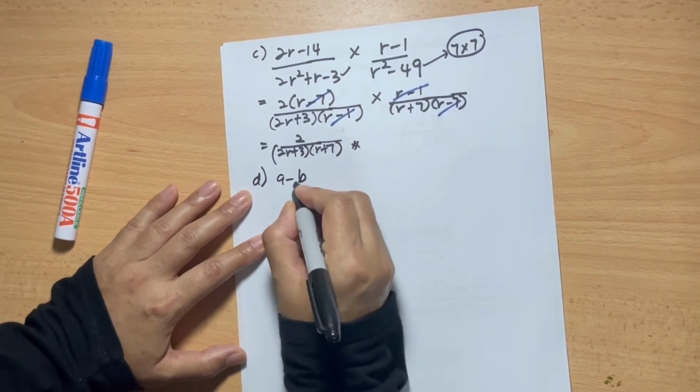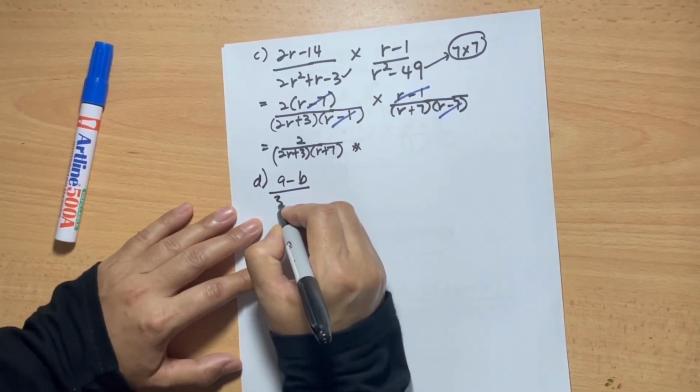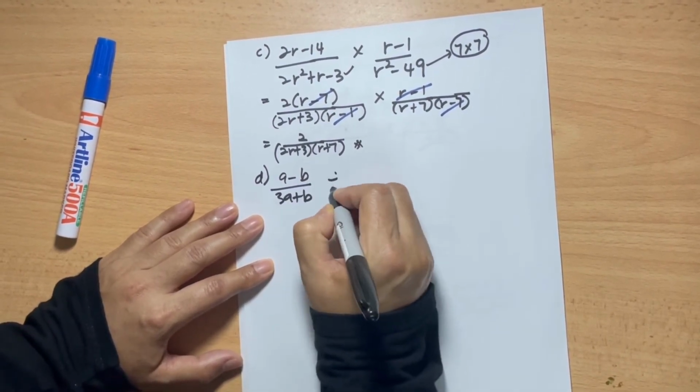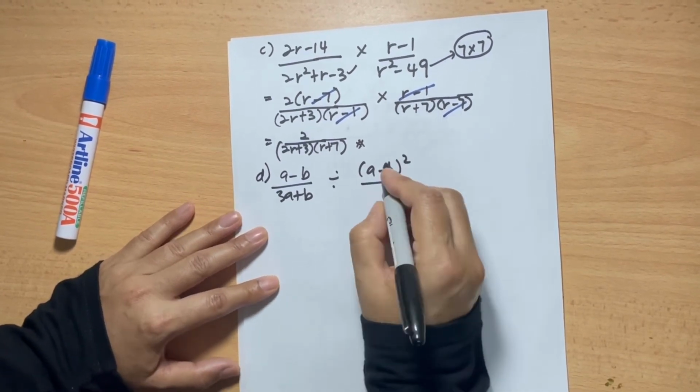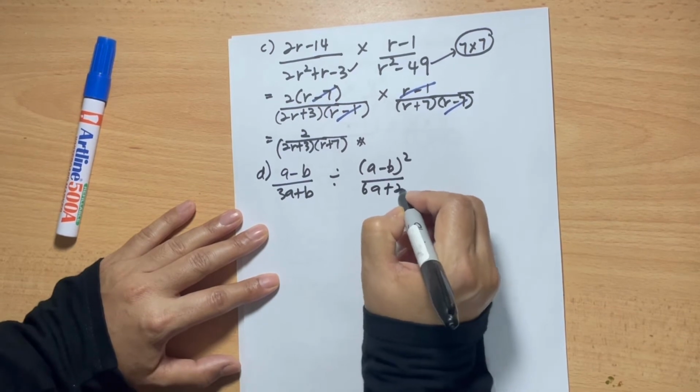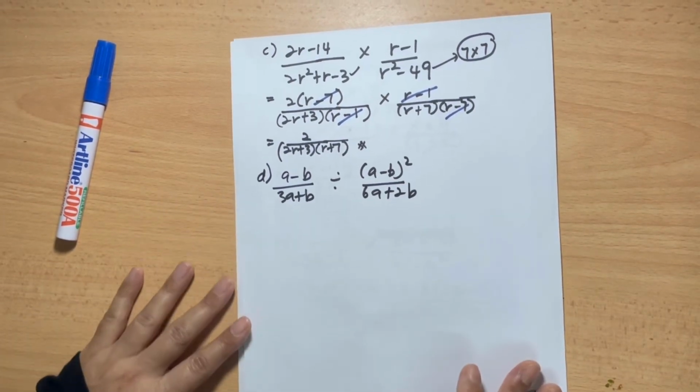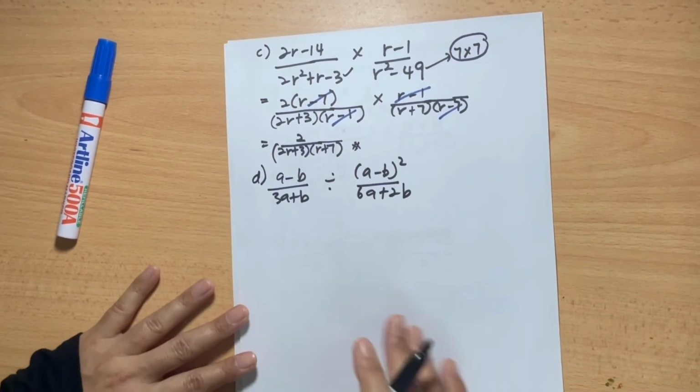a minus b over 3a plus b divided by a minus b squared over 6a plus 2b. In this case, we have division.